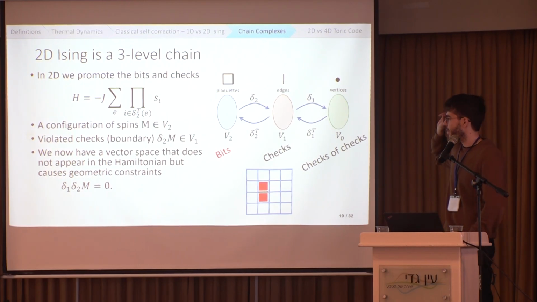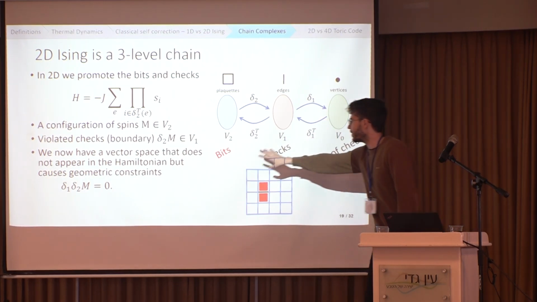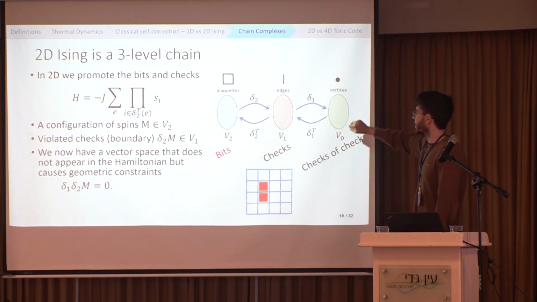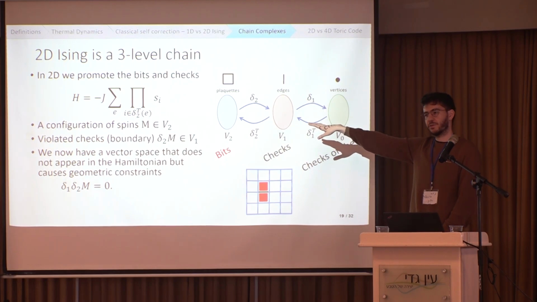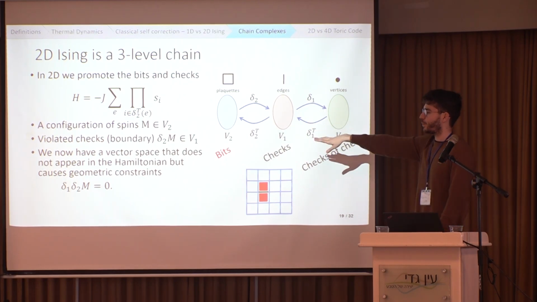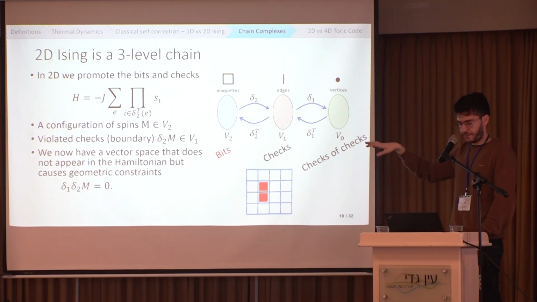Okay, so as I started to say, now that we are in 2D and we put the bits here and the checks here, we get another vector space in the chain complex of the vertices, which has no role in the Hamiltonian, but it is very important because it causes a geometric constraint.